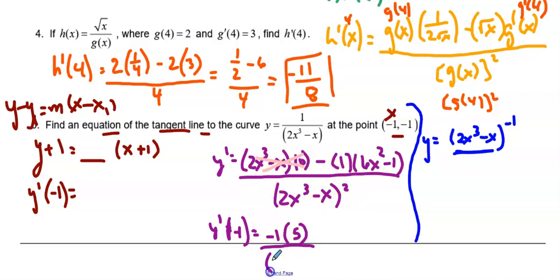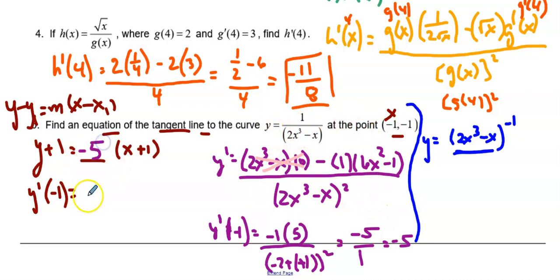And then down here, I know that -1 cubed is still -1, so that's going to be -2 minus, well, -1, and that's going to be plus or positive. And then we're going to square this whole thing, and I'm going to get -5 in the top. I'm going to get -2 plus 1 is -1. -1 squared is 1. So I'm going to get that the slope of this tangent line at -1 is going to be -5.